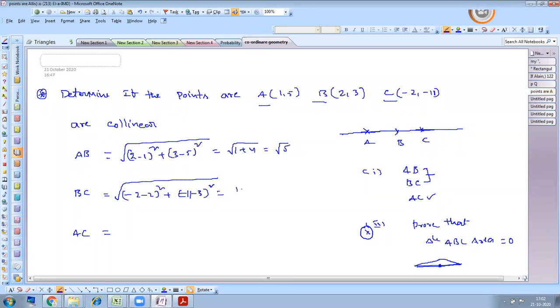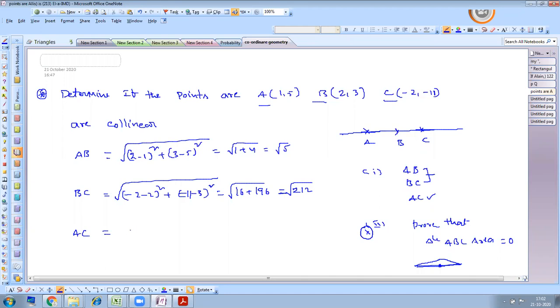This is 16 plus 196. How much? 196 plus 16 is 212.